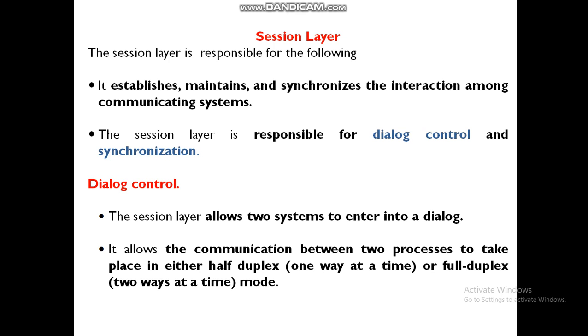This agreement is made by sending some sort of messages. This message is not part of the actual message; it is in addition to the original message. It is for establishing the connection only. So these kinds of additional messages are known as dialogues.